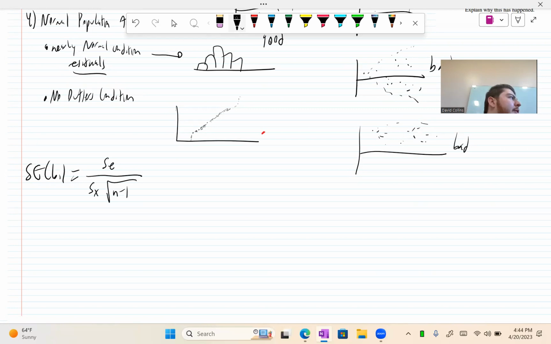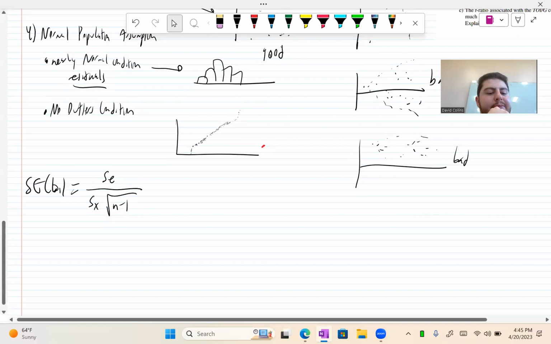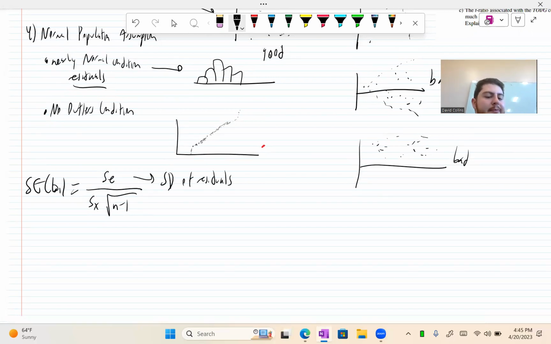It's a little different than your previous standard error formulas. Sx is the standard deviation of the x data. And n minus 1 is sample size minus 1.